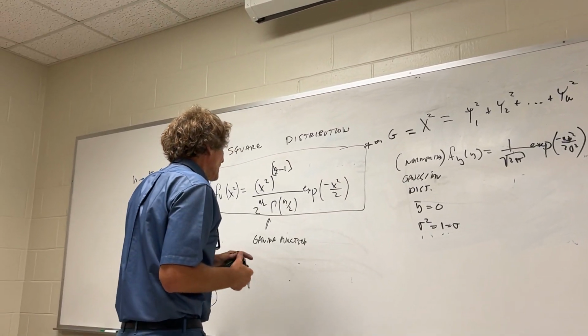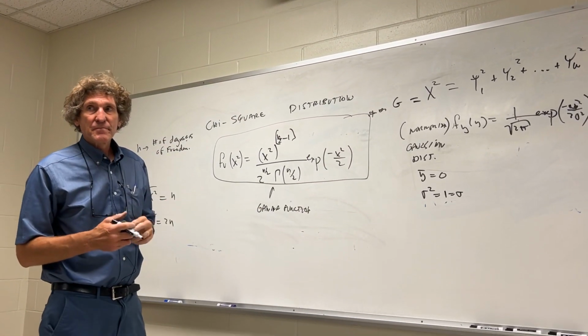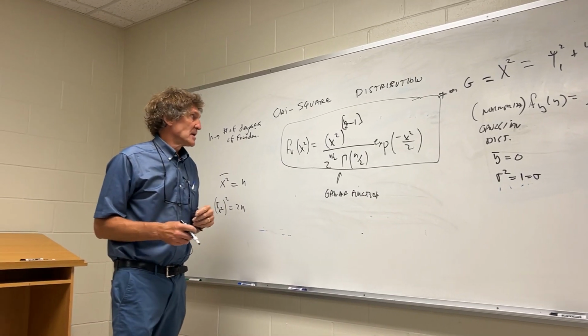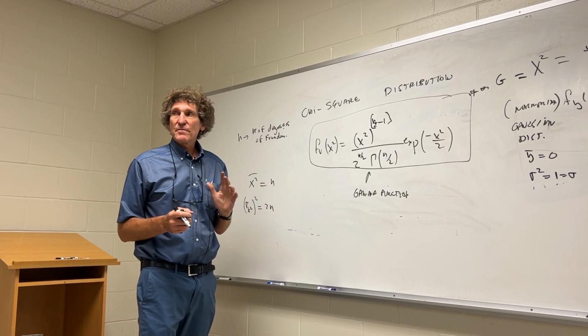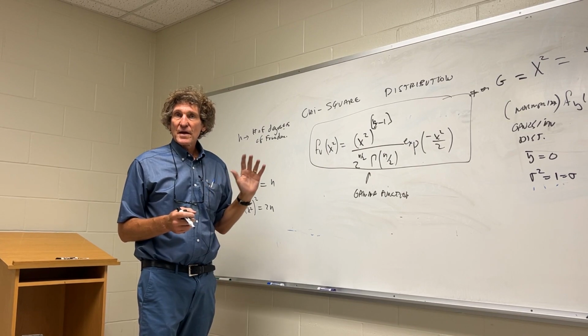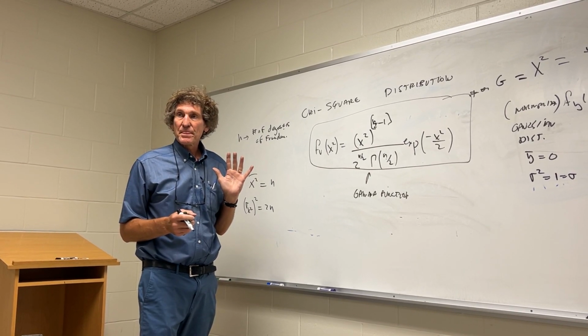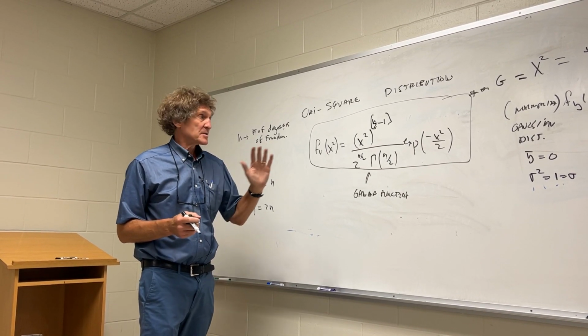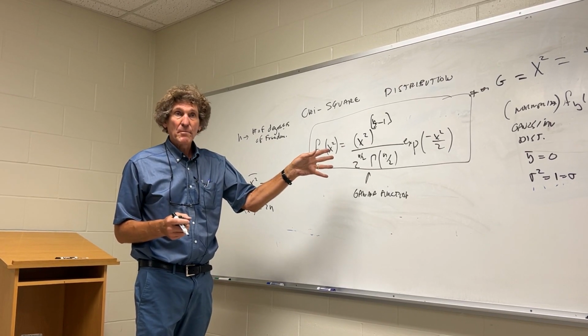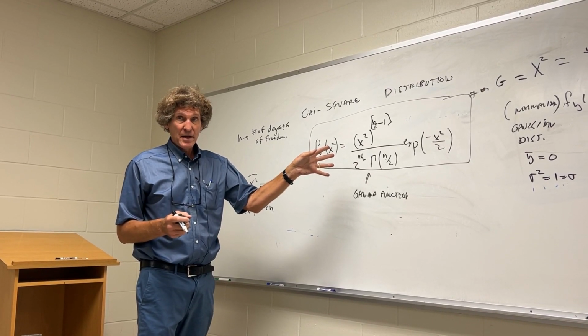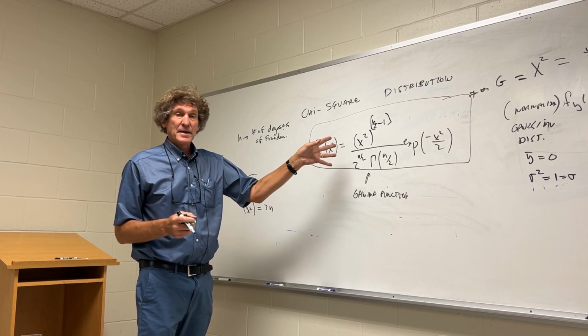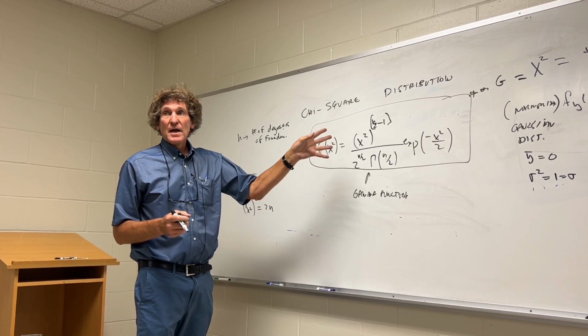Now, most of the time, if you want any statistical information with a chi-square distribution, you have to do the integration of this thing. Not all the time, but most. Y'all with me on that? This is a pain. It's a numerical integration.